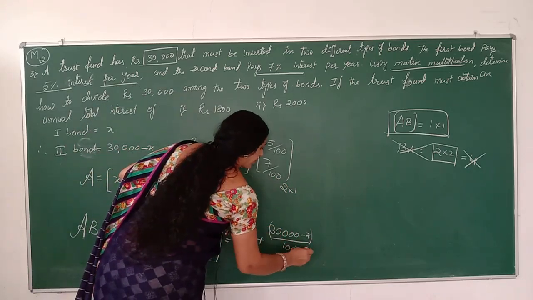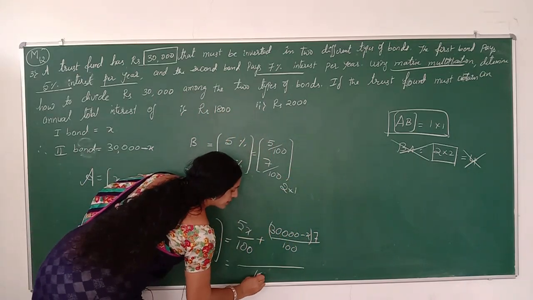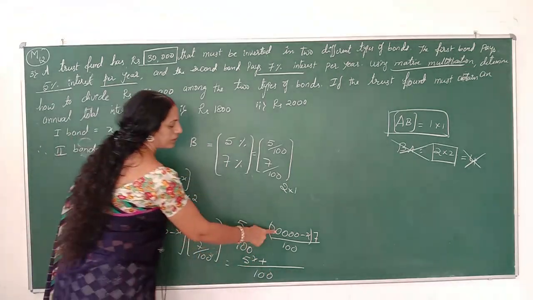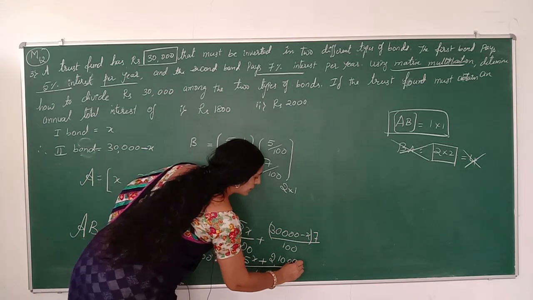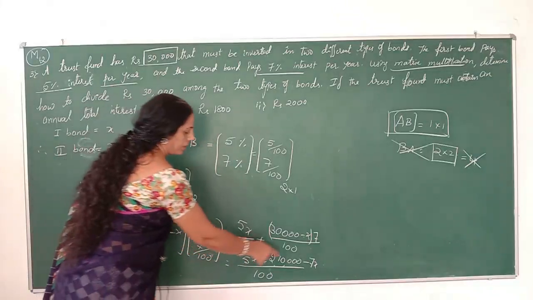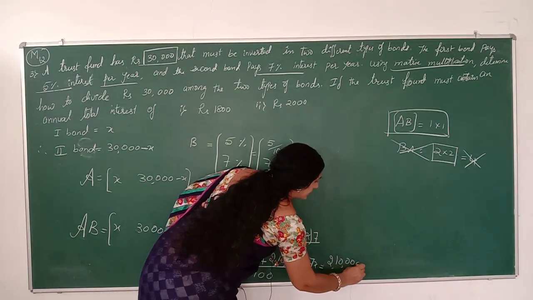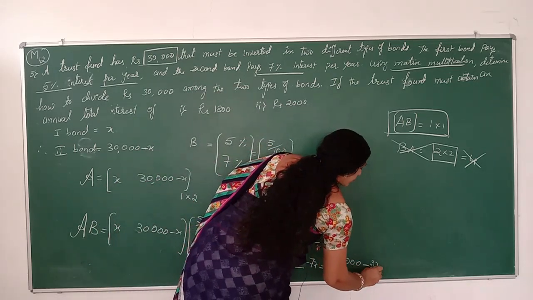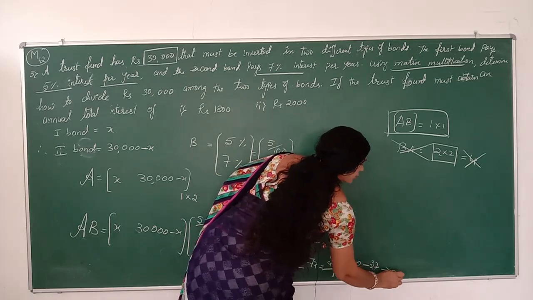Simplifying, 100 is the LCM. The numerator is 5x plus 30,000 into 7, which is 2,10,000, minus 7 into x, which is 7x. After simplification, 2,10,000 minus 7x plus 5x, which is 2x, divided by 100. Let this be equation 1.